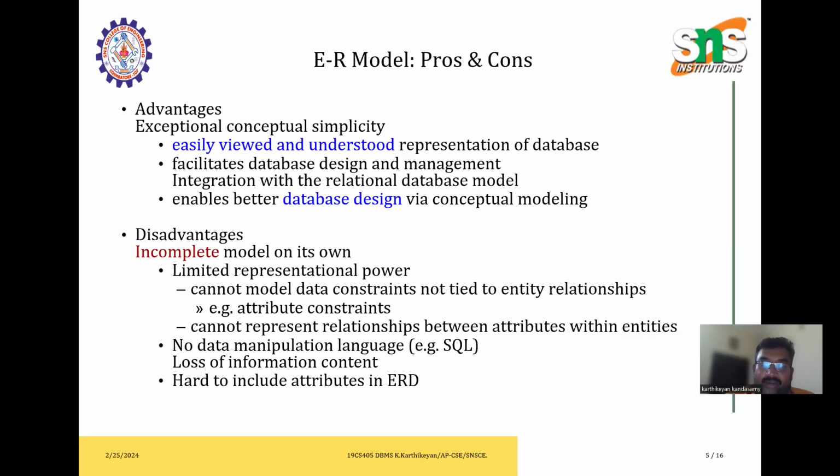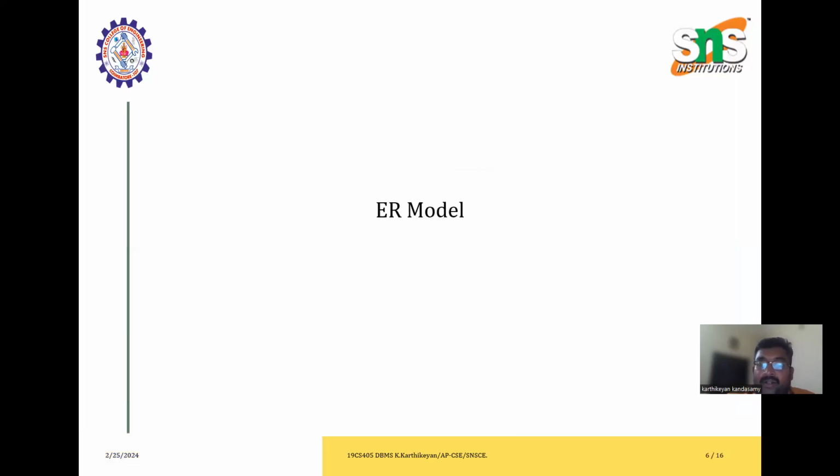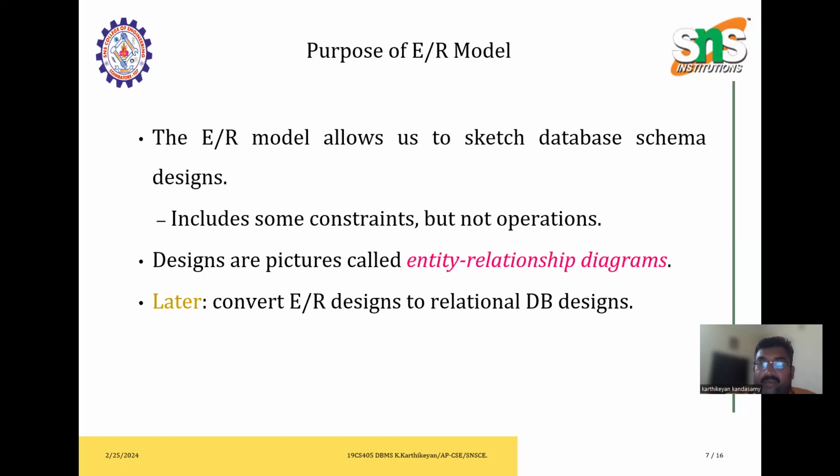The disadvantages: an incomplete model with limited representation power, it cannot model data constraints tied to entities and relationships, for example attribute constraints, and cannot represent relations between attributes within an entity. There is no data manipulation language, there is loss of information content, and it is hard to include attributes in an ERD. So the purpose of the ER model: sketch the database schema, include constraints but not operations, design a picture called an entity relationship diagram, and later convert the ER design to a relational DB design.